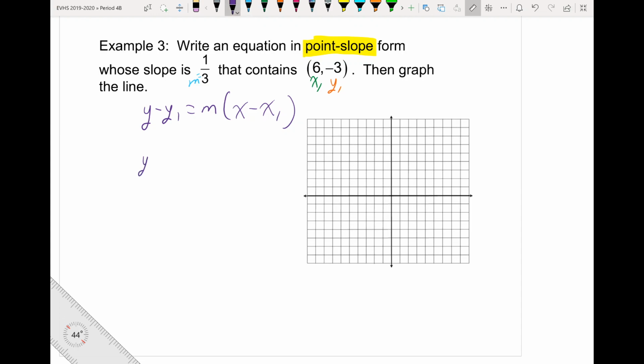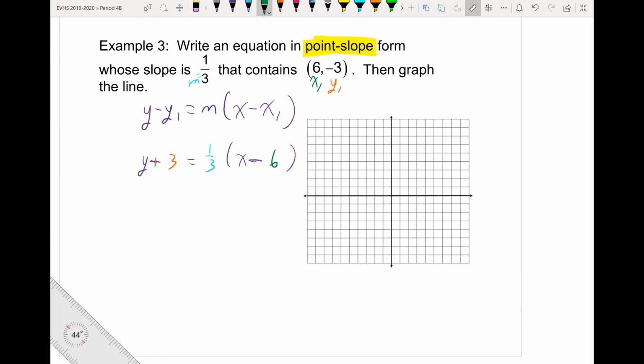So y minus equals x minus. I'm setting up that scaffold for it so I can plug in properly. Now, y1, I did in orange. y1 was -3, which makes it be +3. M was 1/3. And x1 was +6. So there we go. Y plus 3 is equal to 1/3 times the quantity of x minus 6.